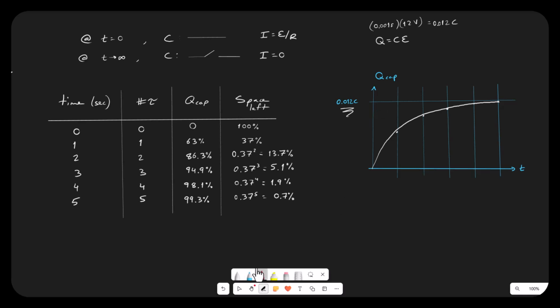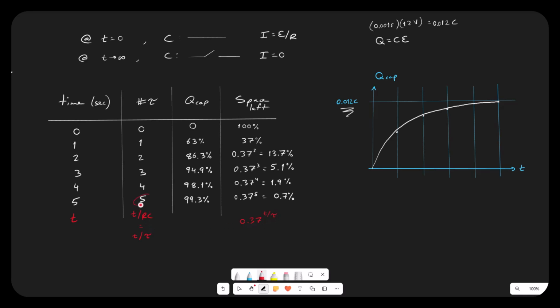This means it would be helpful to have some kind of a measure here. So for some amount of time, the number of time constants that's gone by is t divided by RC, or if you like, t divided by tau. The space left is 0.37 to the power of t over tau.